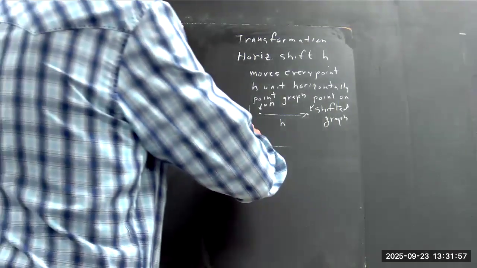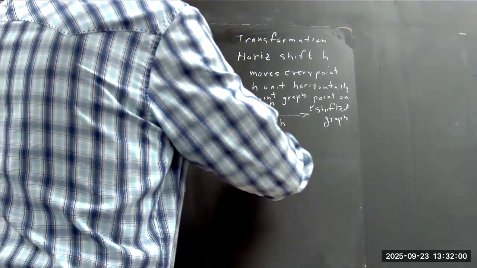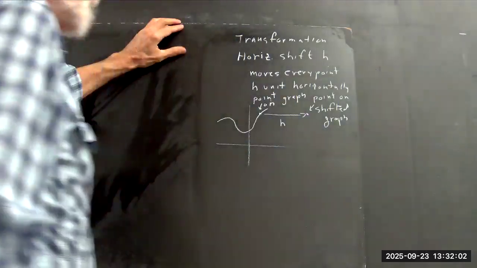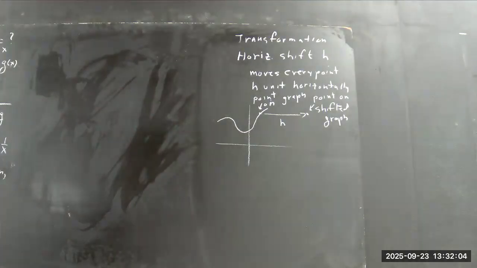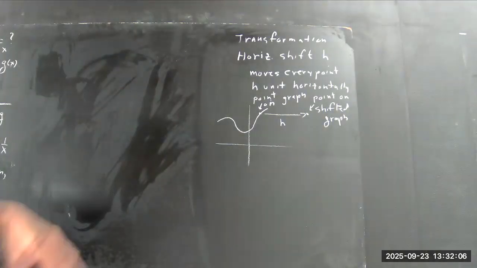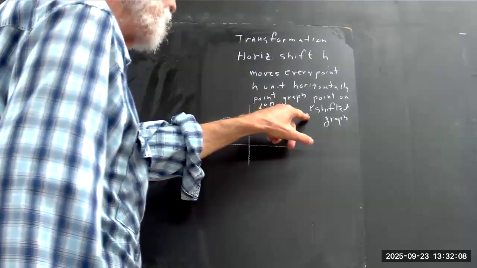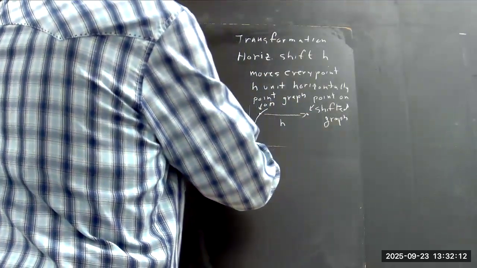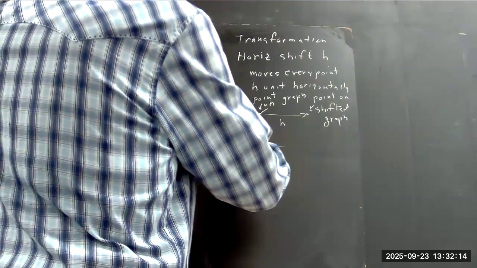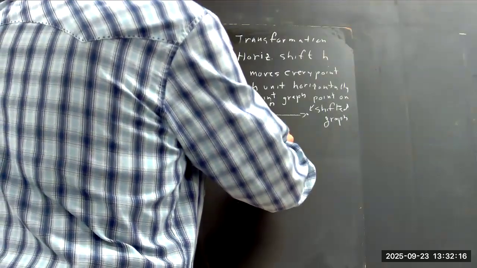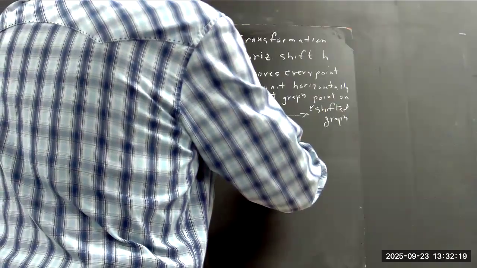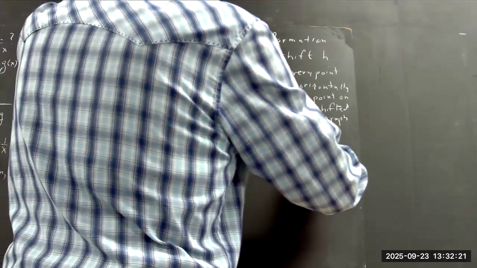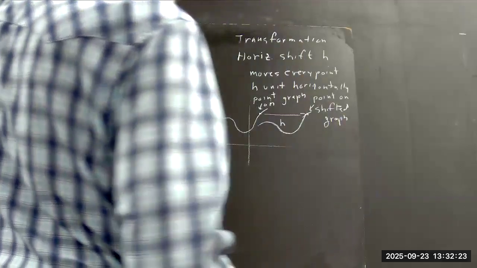So if you get the entire graph, maybe it looks like this, then every point shifts. This point specifically shifts over here, but this point will also shift h units. It'll put it over maybe here, and maybe you're going to have a graph that kind of looks like this.